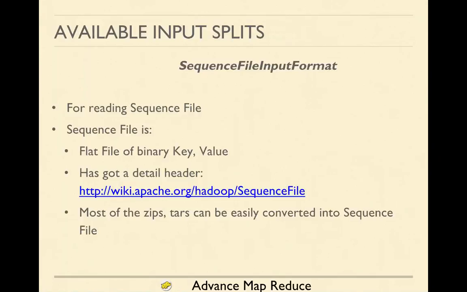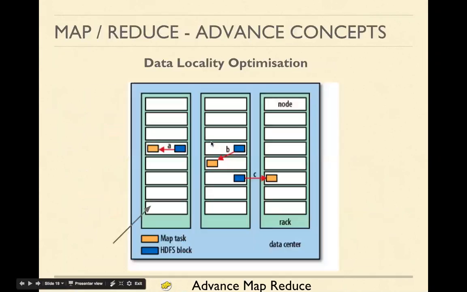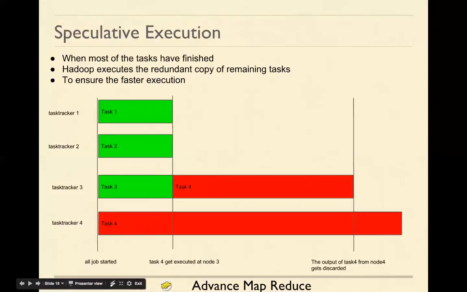So Hadoop as well as Spark, I mean YARN, actually provides speculative execution. Speculative execution is this: let's say you have four tasks. You assign one task to the first task tracker, second to the second, third to the third, and fourth to the fourth.